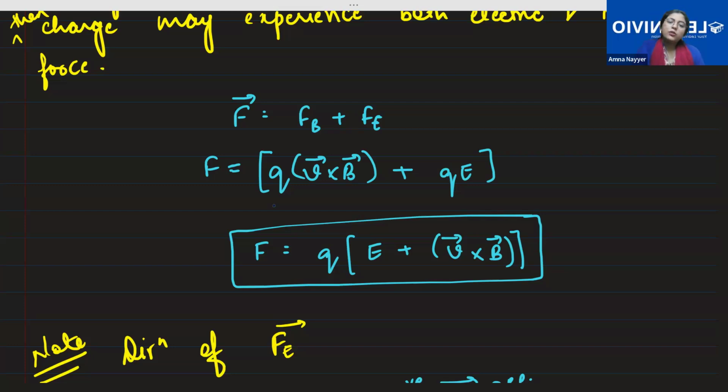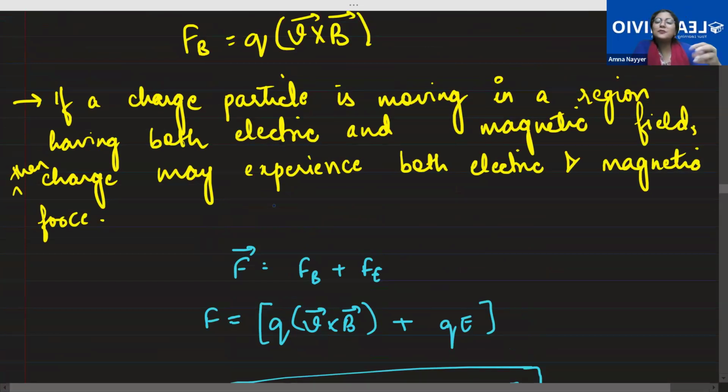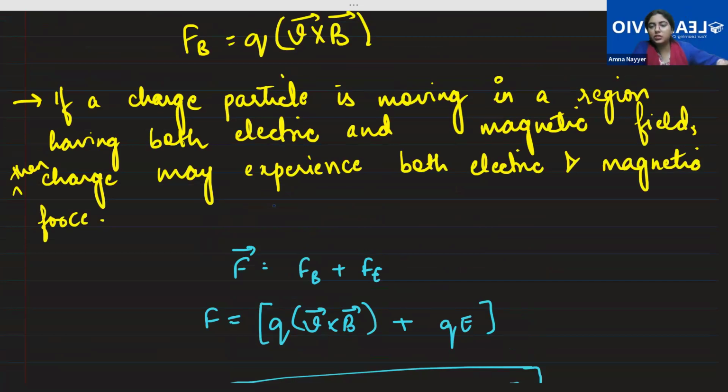So F is equal to FB plus FE, that is Q V cross B plus Q E, which is Q into E plus V cross B. This is the combined force, when the electric field is also existing, the magnetic field is also existing, and the charged particle is present in the presence of both of these.